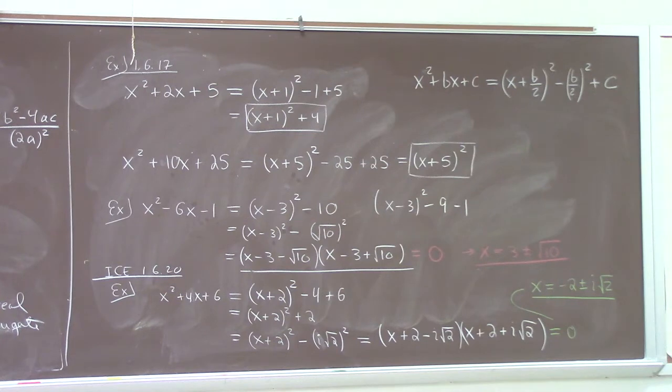And that means that x minus 2 plus i and x minus 2 minus i is a factor. So both of these are factors of p of x.